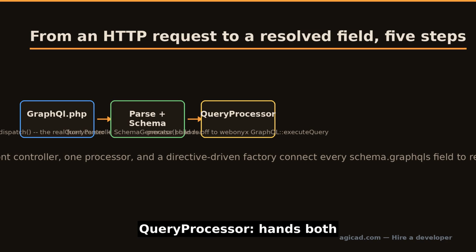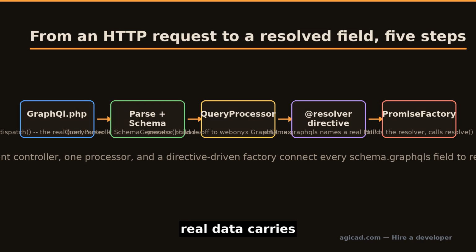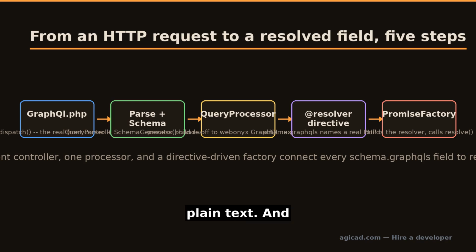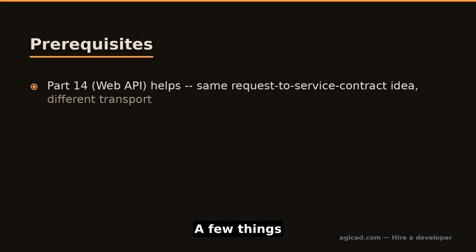QueryProcessor hands both of those, plus a context object, straight to the webonyx GraphQL library's own executeQuery function. @resolver directive: buried inside the generated schema, each field that needs real data carries a real PHP class name as plain text. And PromiseFactory, the class that actually reads that name, builds the object through Magento's own object manager, and calls resolve on it.